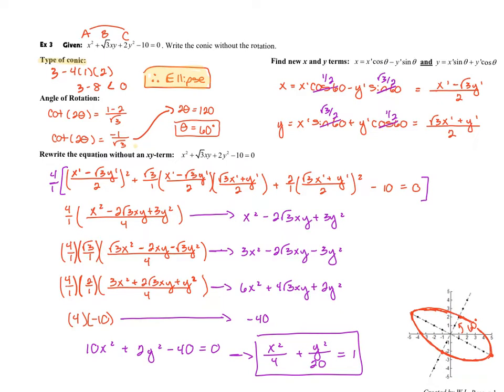The next thing that we're going to do is determine our angle of rotation. We want to figure out how much the axes have been rotated. So we're going to follow this formula: cotangent 2 theta equals a minus c over b. Up here where I wrote my a, b, and c, I always like to link the a and the c because that's a reminder that that's what I'm going to subtract in this next formula.